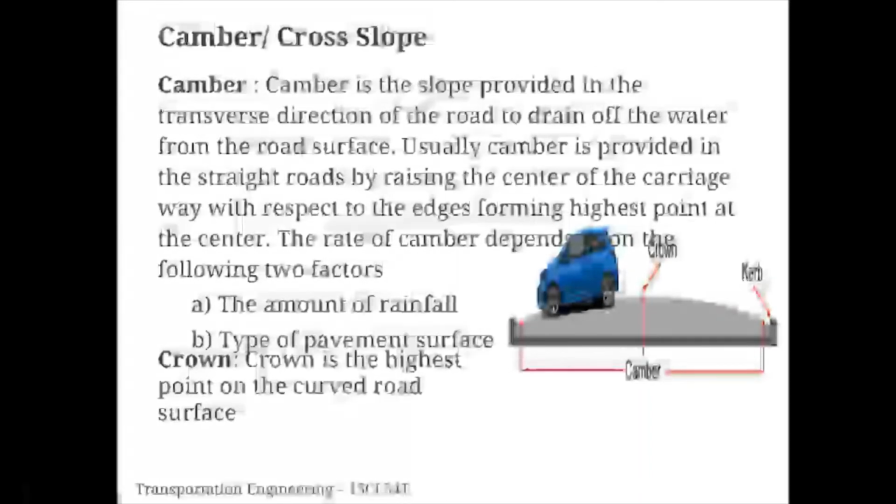And as for type of pavement surface, for tar road and bitumen road, you can give a little bit flat slope, but in the case of earthen road or WBM roads, that is waterbound macadam roads, or gravel roads, you can give a much steeper slope so that the rainwater does not penetrate into the road.